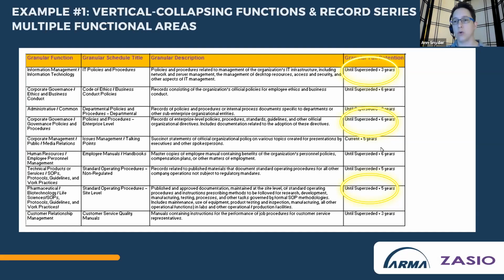I know we're going to look in a moment, as a prelude to that, we're going to look at consolidating or simplifying triggers, but can you talk just for 2 seconds here about the difference between these types of triggers? Yeah, and this will come up in another example where we hit it home a little bit more, but policies and procedures usually have a superseded type trigger.